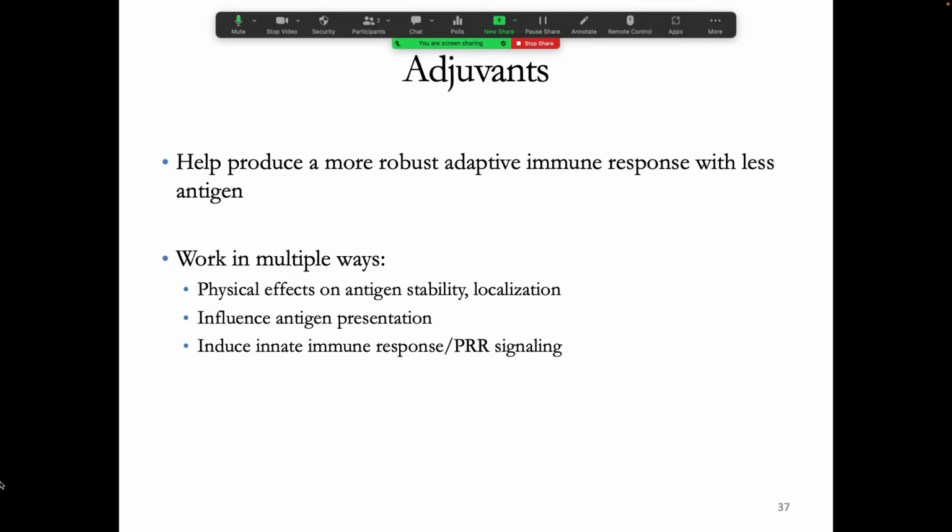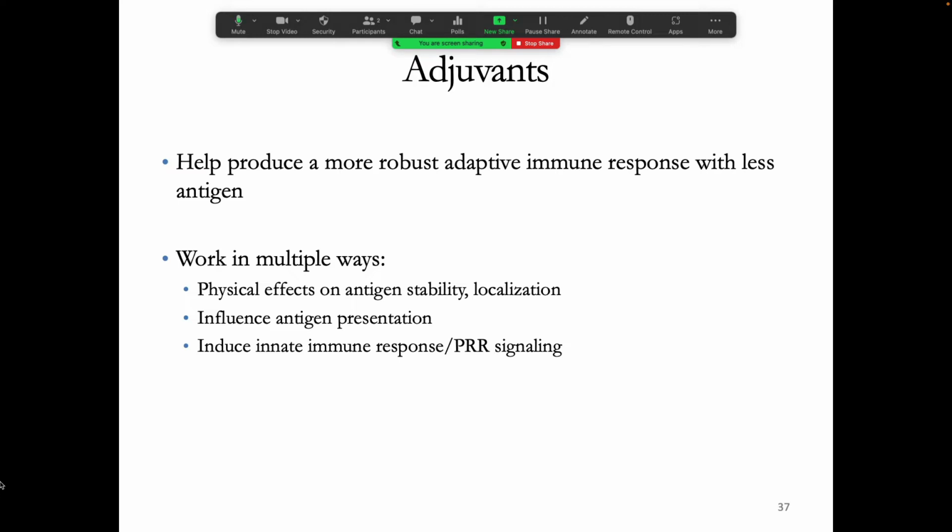So let's imagine that I found an amazing adjuvant that can induce really good innate immune responses and PRR signaling, and I inject it into you. How are you going to feel? You're going to feel, yay, my vaccine worked, but besides that, you're going to feel awful.